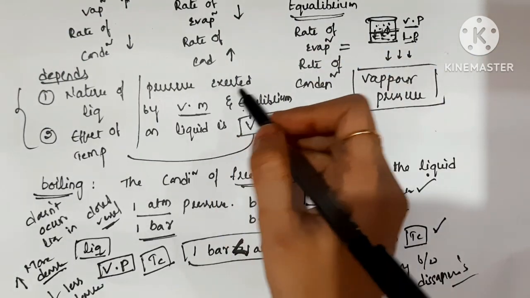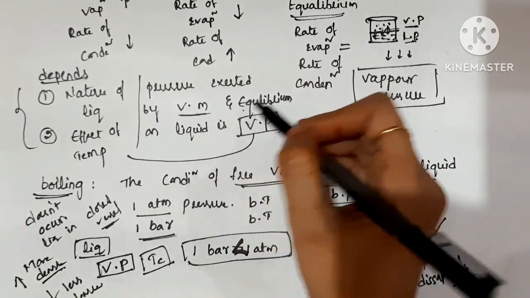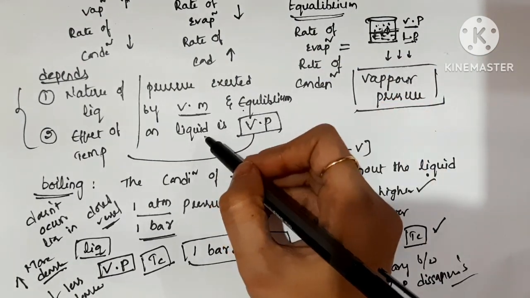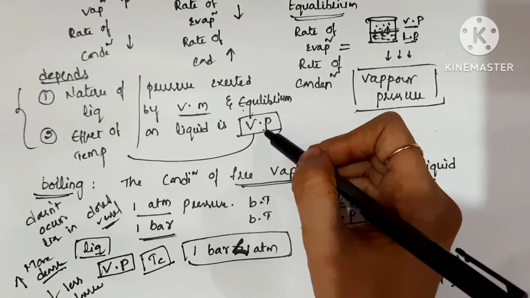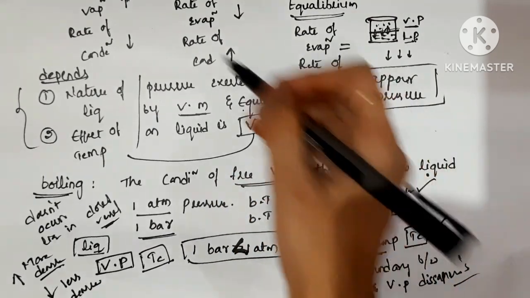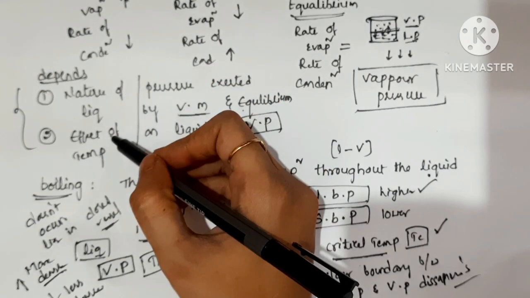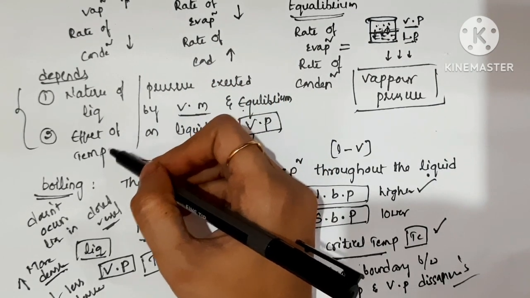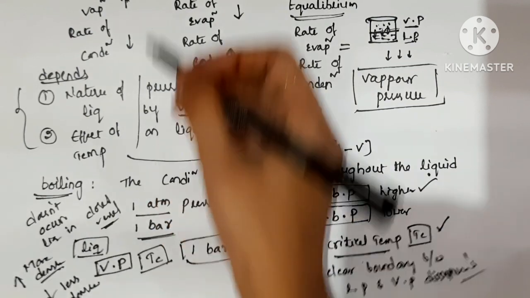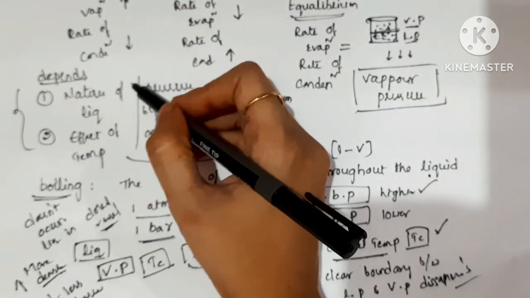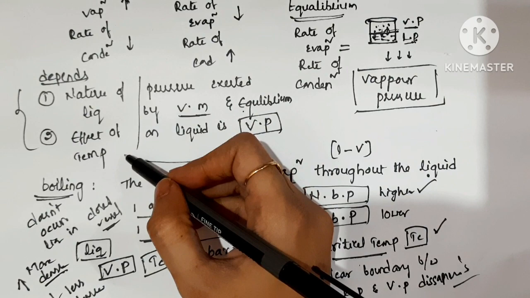The pressure exerted by vapor molecules at equilibrium on liquid is called vapor pressure. So two factors affect the vapor pressure: one is the nature of liquid and the other is the effect of temperature, right?